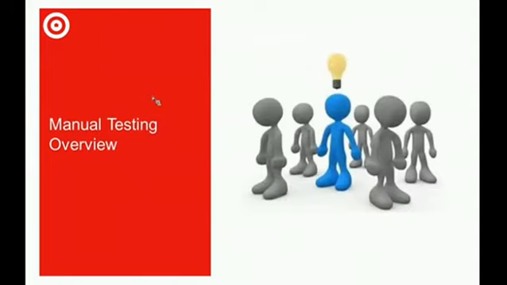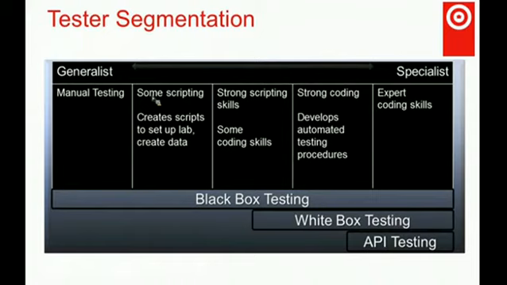So, to start with then, manual testing overview. Well, you can see from this diagram that there are a lot of different testing techniques you can use while developing software. From the left-hand side, you have the manual testing, which requires little technical skill, just the ability to follow a script, all the way to the right-hand side, which can require expert coding skills and can really be quite difficult and technical.